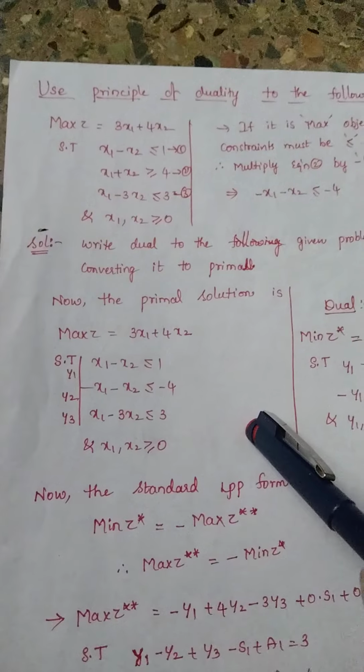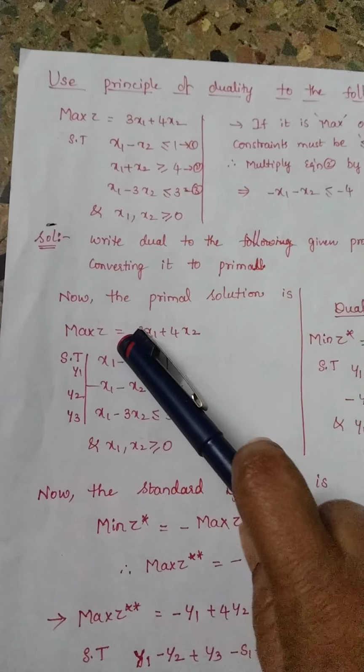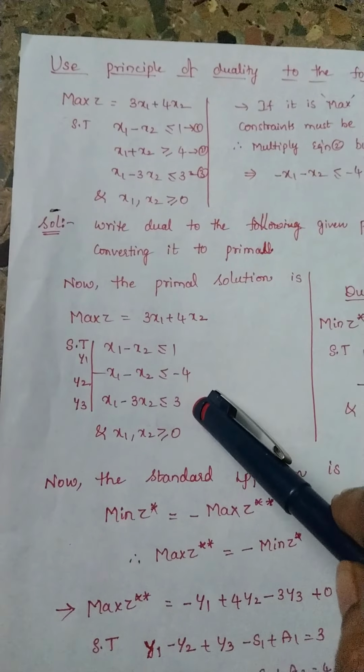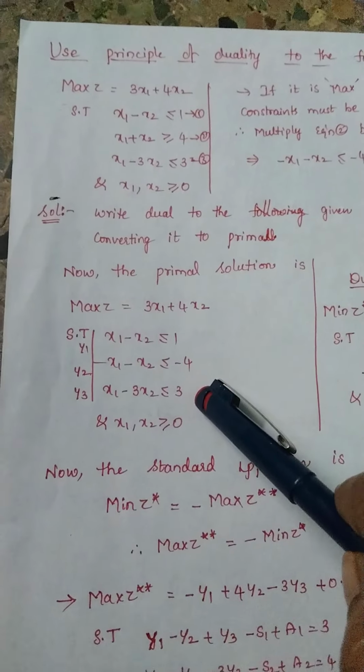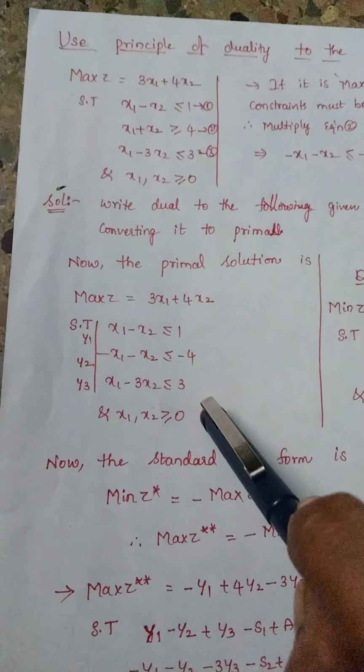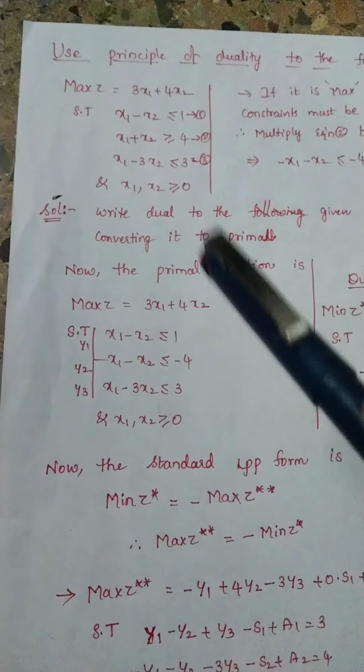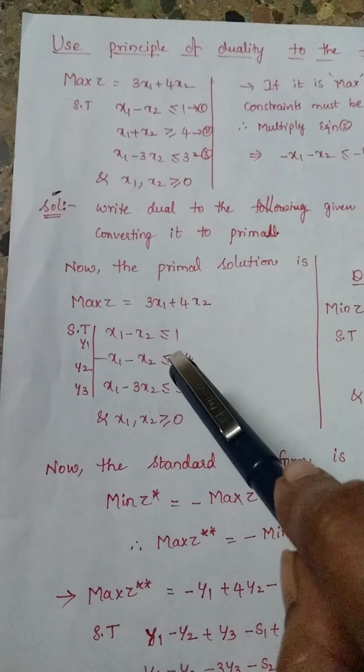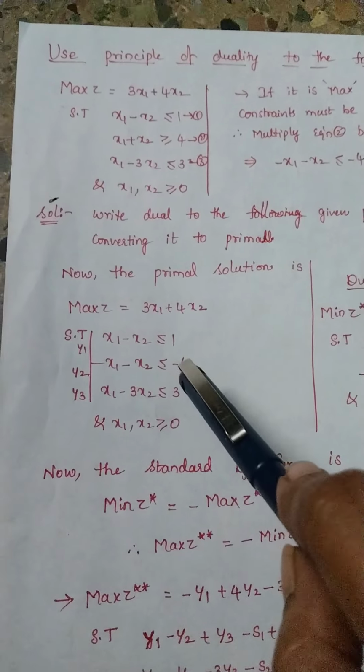If it is a maximum objective function, the constraints must have less than or equal to. If it is a minimum objective function, all the constraints must be changed to a greater than or equal to sign. So now the given linear programming problem has been changed to a primal problem. Now we are writing the dual of this primal.